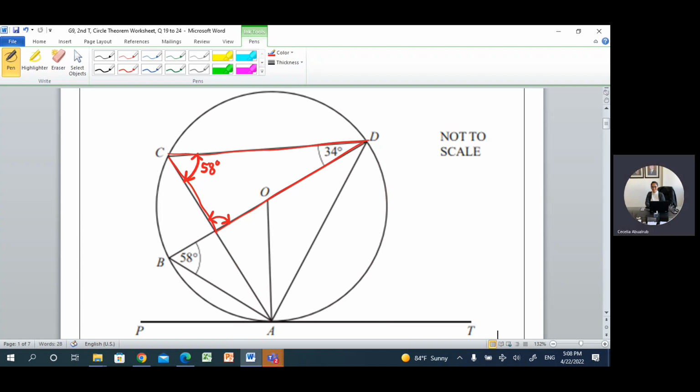To find this angle, you're going to say the sum of angles in a triangle is 180. Subtract from 180 the 58 plus the 34, and the answer for this angle is 88 degrees.